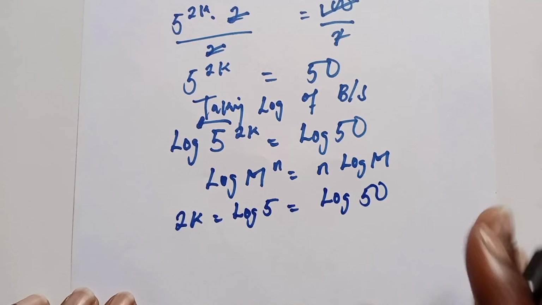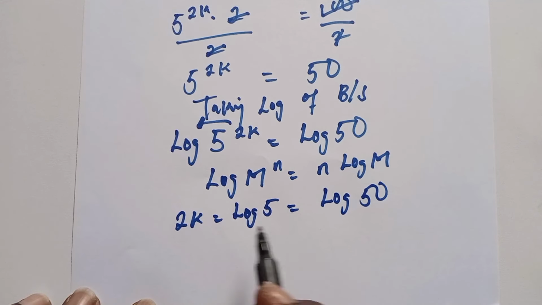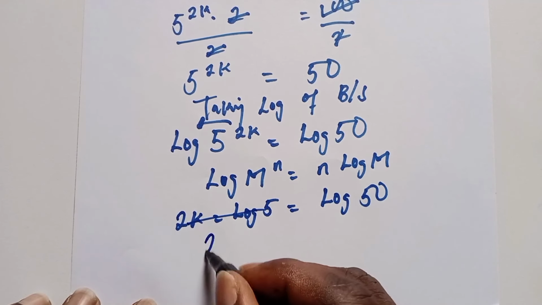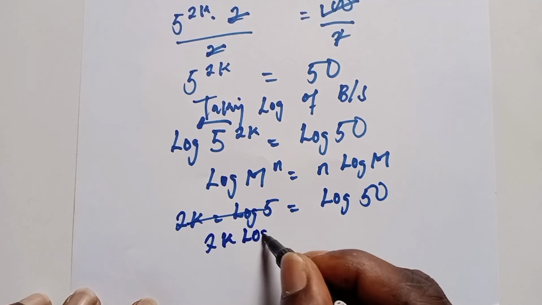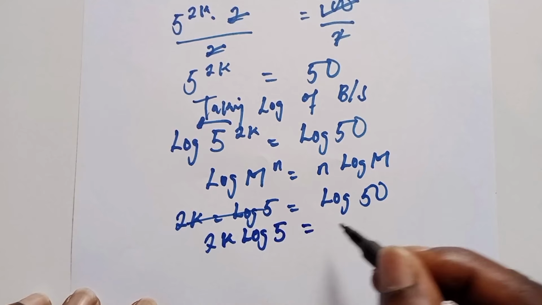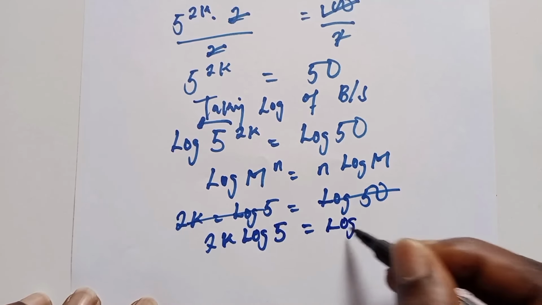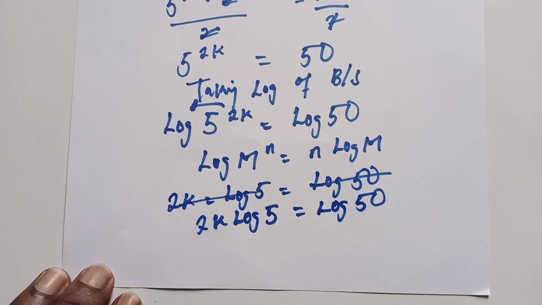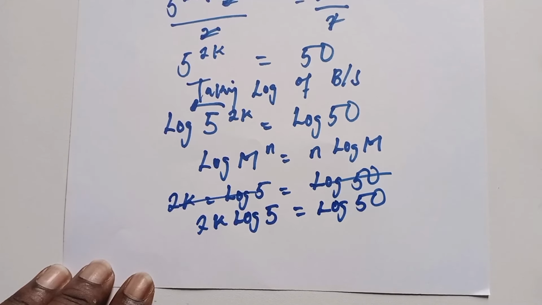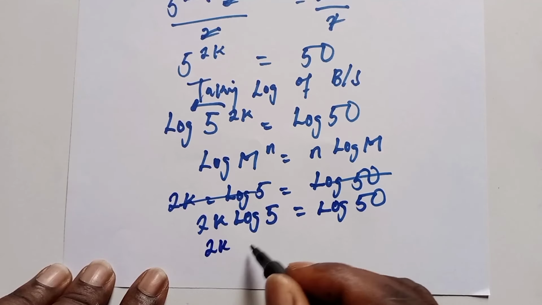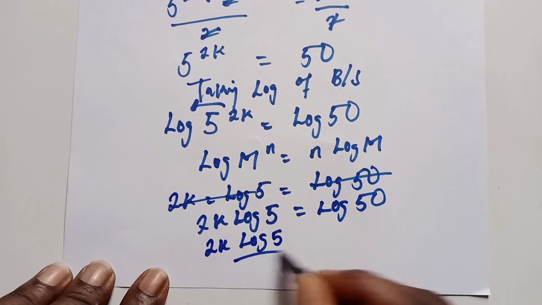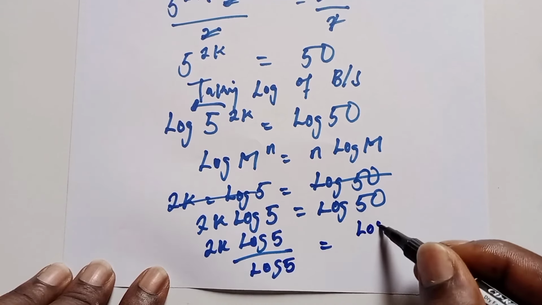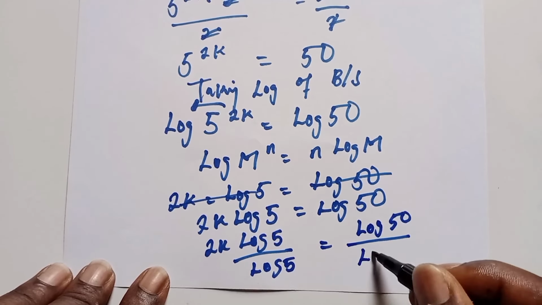All right, at this point we can write 2k log 5 is equal to log 50. Now we can divide both sides by log 5. If we do that, we have 2k log 5 over log 5 is equal to log 50 over log 5.